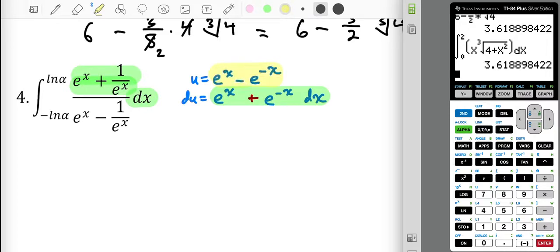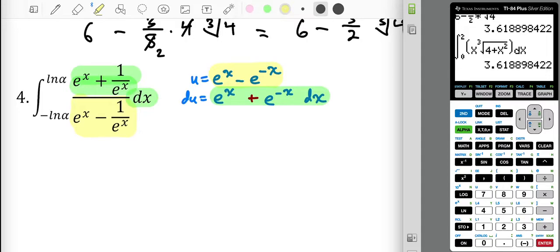Now, to some extent, I kind of got lucky. I want to be completely fair about this and transparent. Transparent first, but also fair. This is not my first time doing this problem, but if it was, I would have done the same thing. I would have looked at it and said, well, what do I want to make go away? The denominator. How can I make it go away?